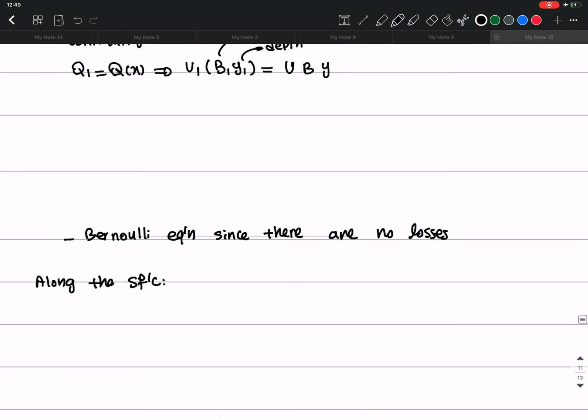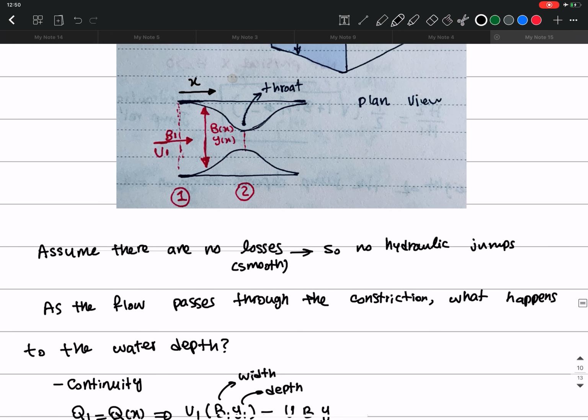So Bernoulli is u1 square over 2 plus gy1, right, gz1, plus the pressure term, which is the atmospheric pressure, equals, so I'm writing between section 1 and this section x, right?